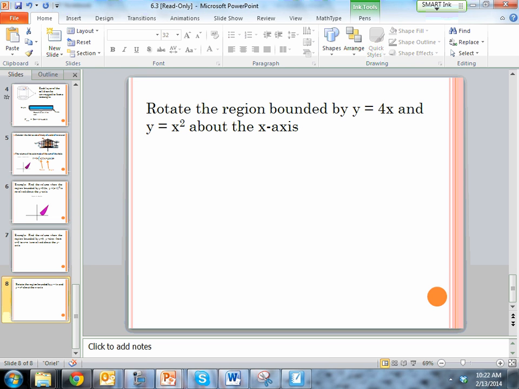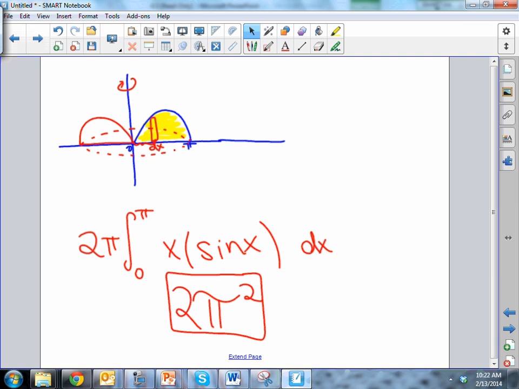All right, y equals 4x and y equals x squared. So we have a parabola, and we have a line. Okay.